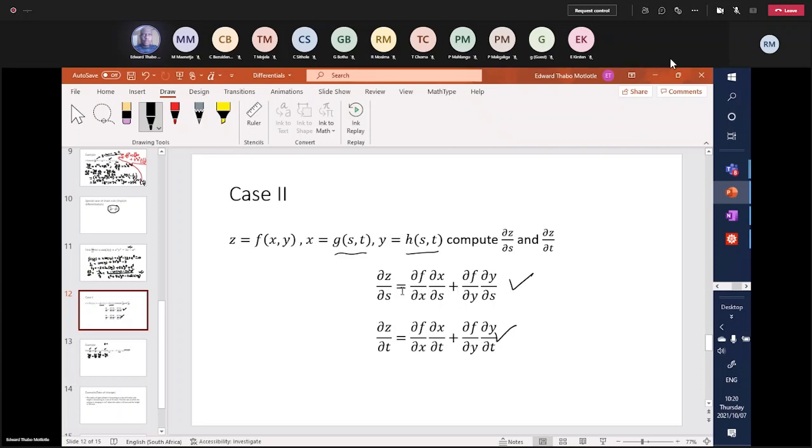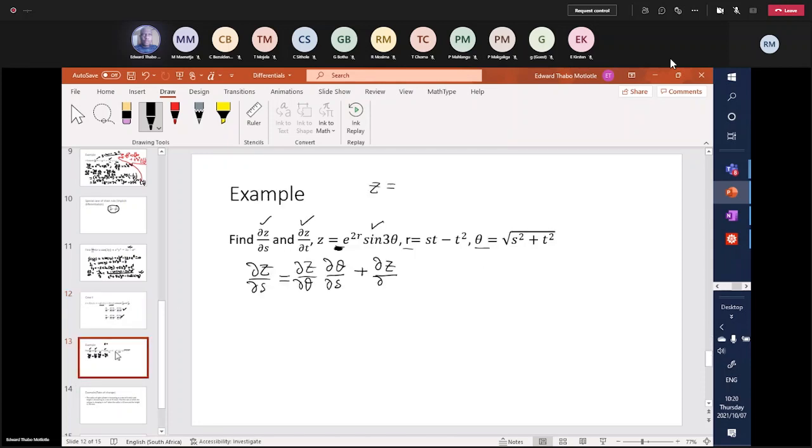I'm working with respect to s, so it will be the second variable, which is r, multiplied by dr/ds. Okay, so this is the formula. Now let's see what we get.